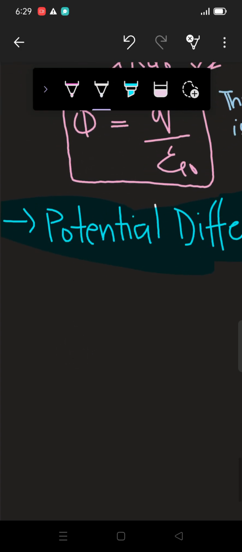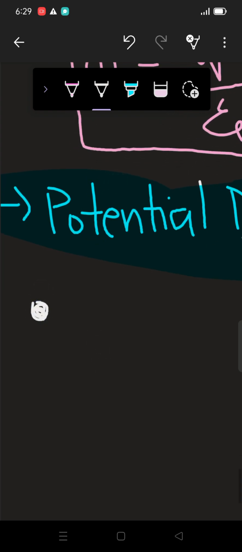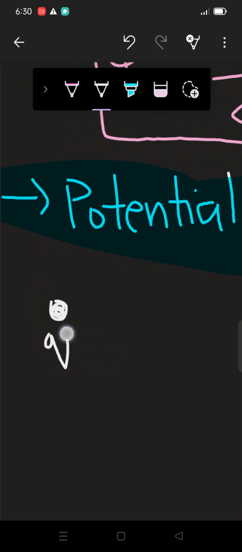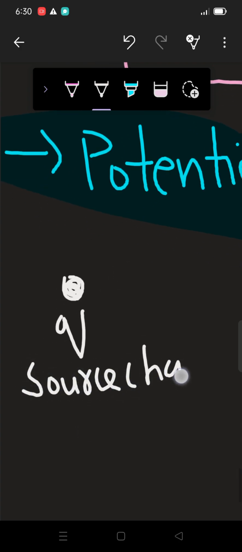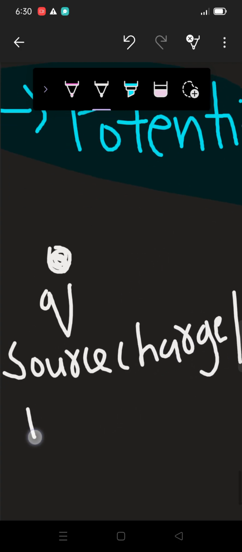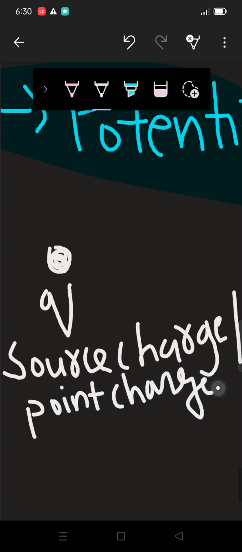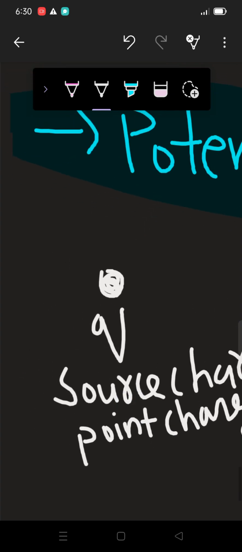Alright, so basically suppose you have a charge here, and this is a source charge. Another name of source charge is point charge. These are the charges which basically generate the electric line of force.